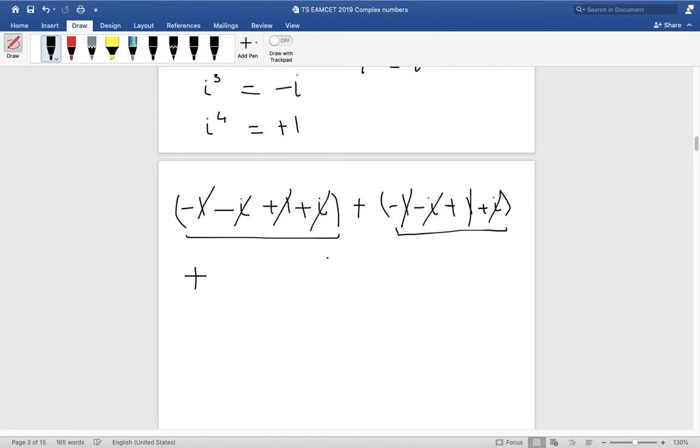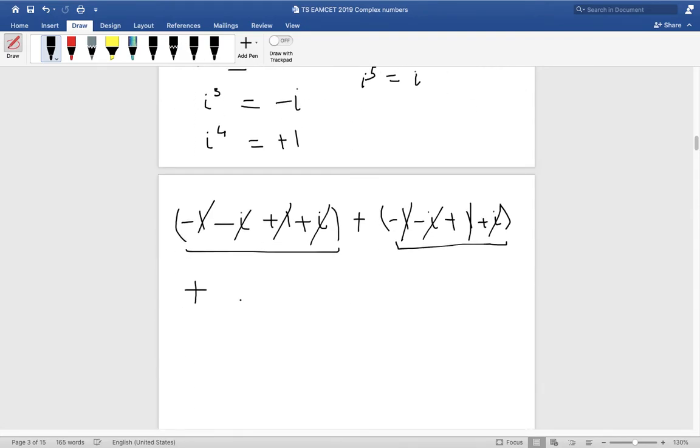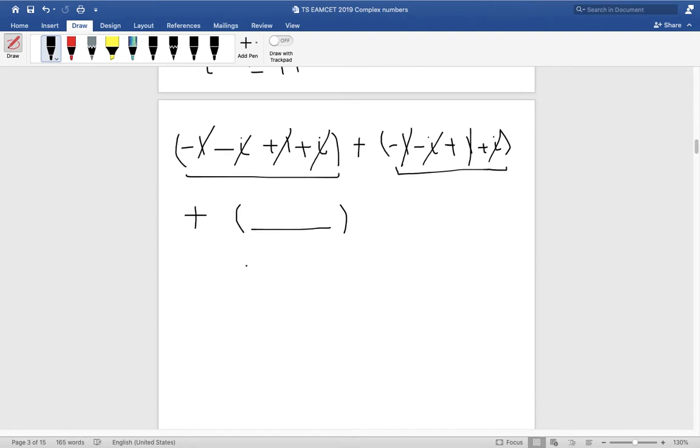But you have till iota raised to the power 4000, so you don't know whether this ends in 4 terms or not. So you have to find out which will be the last 4 terms.